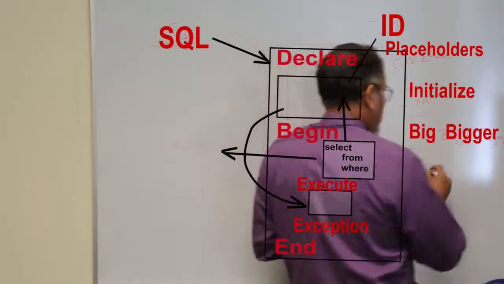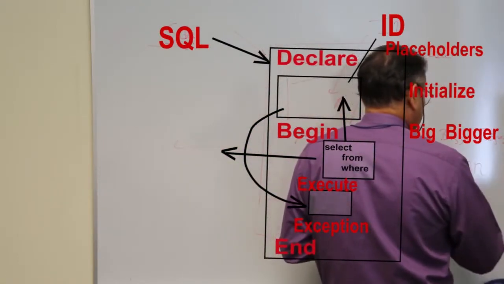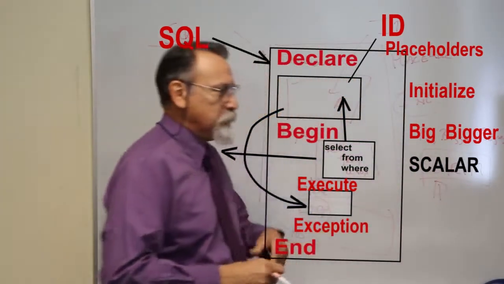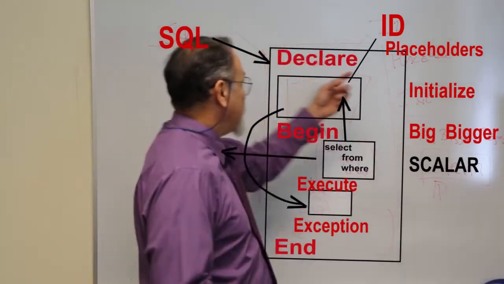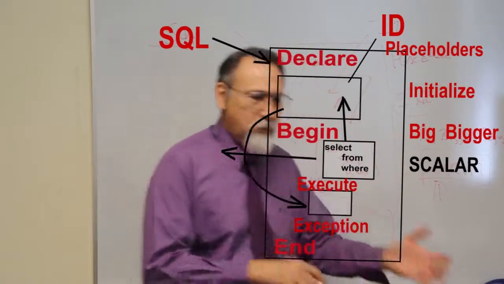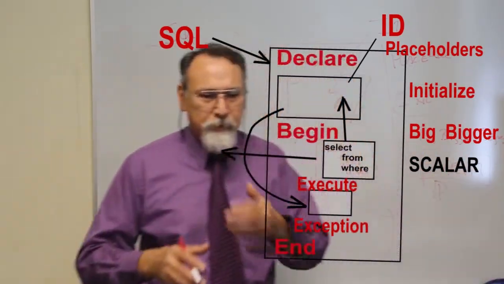So there's a process called scalar. Scalar is the term that is used to define the type of placeholder you're going to use. So are you going to use letters? Are you going to use numbers? Are you going to use dates? Are you going to have strings?